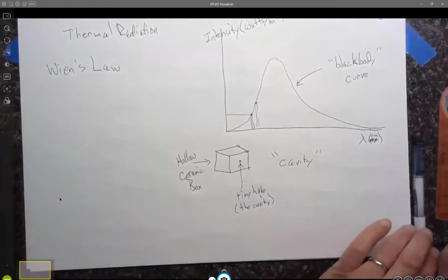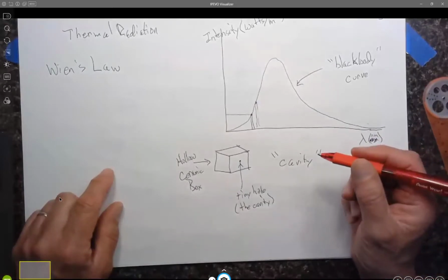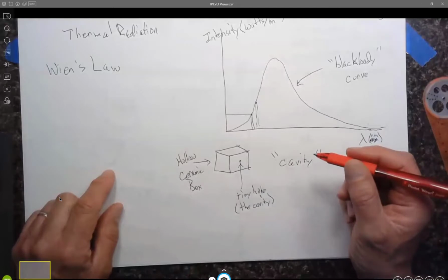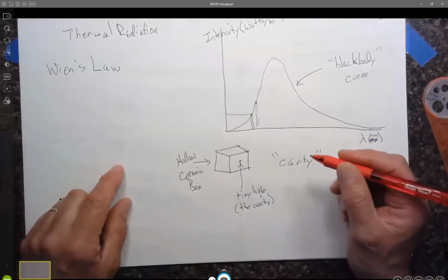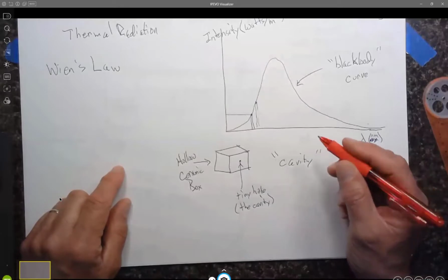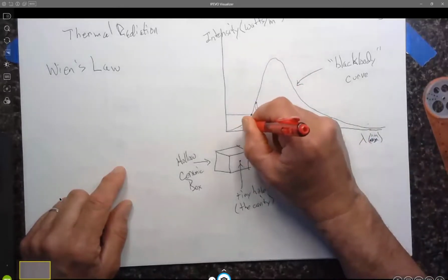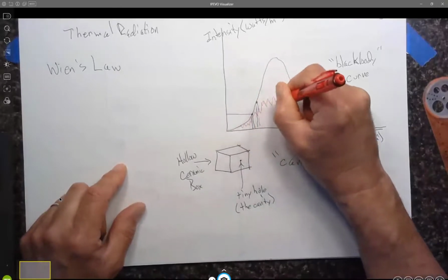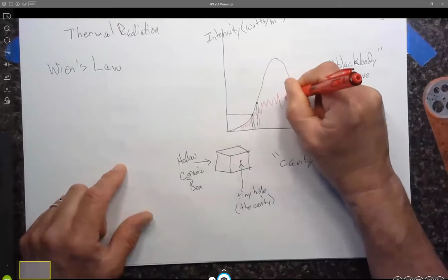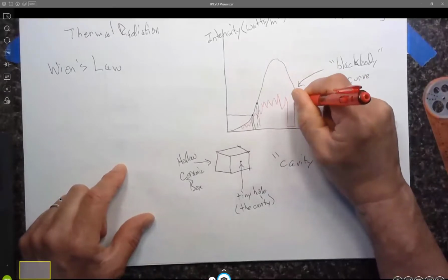Ordinary objects, not cavities, but maybe something like an old stainless steel fry pan, or a stove burner, or all sorts of different things, would have curves that would sort of act like this somewhere, but then they'd have all these dips and spikes and places where they might not be good at emitting radiation at all.